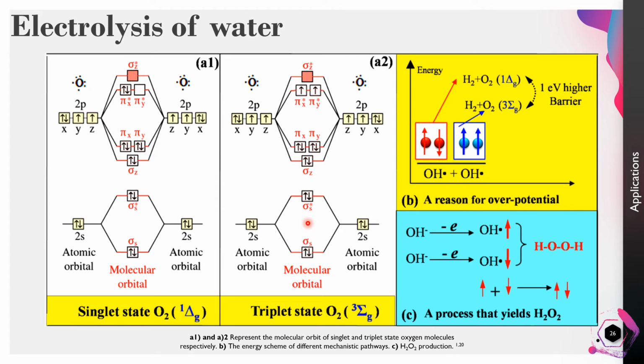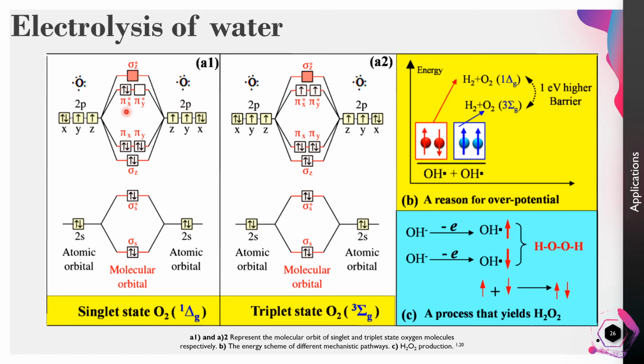And so why is this? To better understand, we need to think about the products of water electrolysis, which is hydrogen gas and oxygen gas. And oxygen has two stable molecular electron states, either the singlet state shown here, as well as the triplet state shown here.